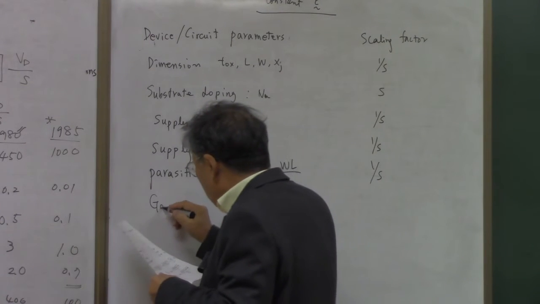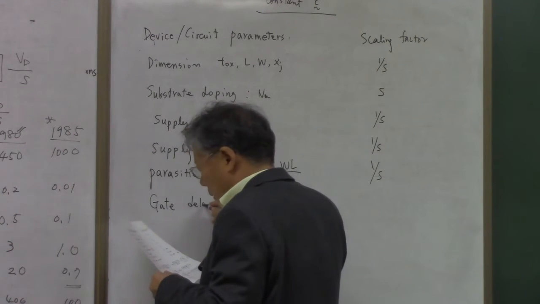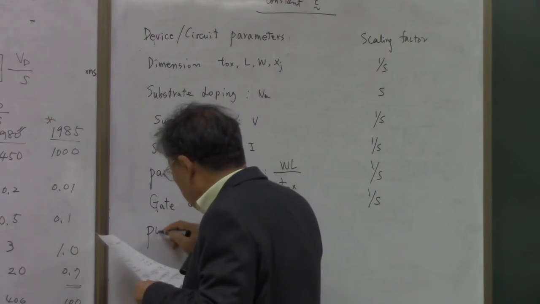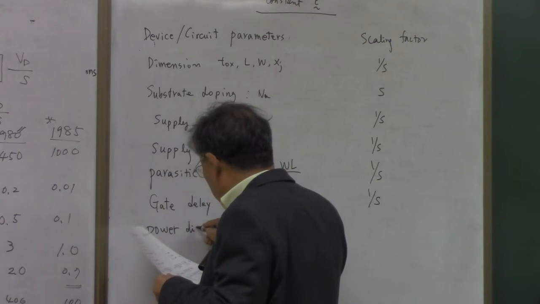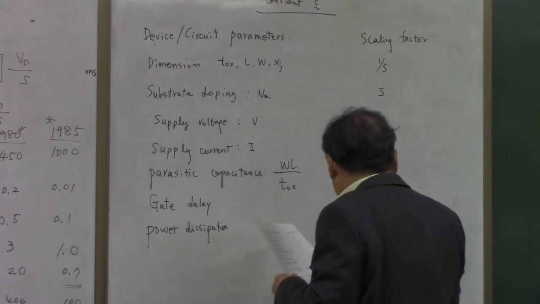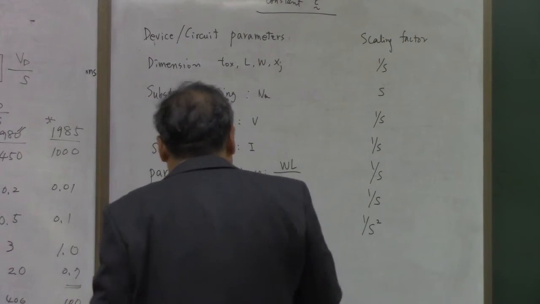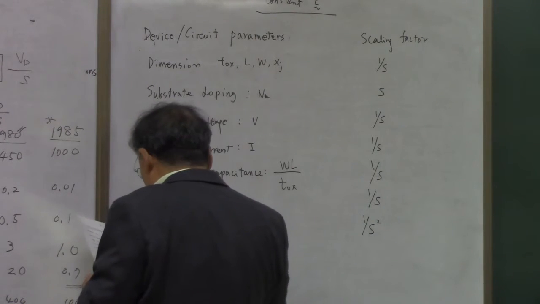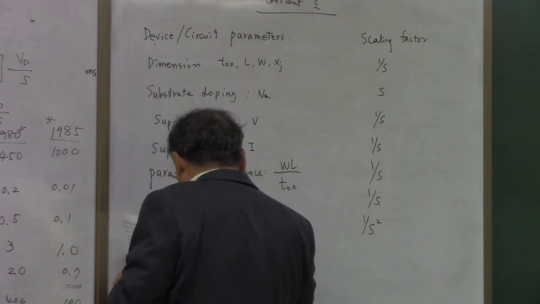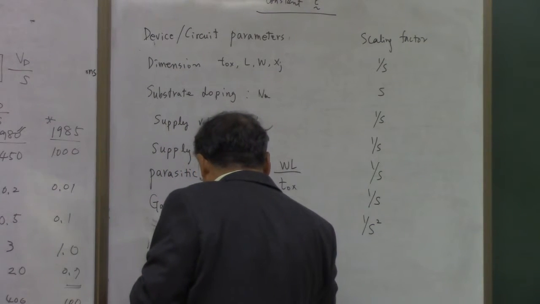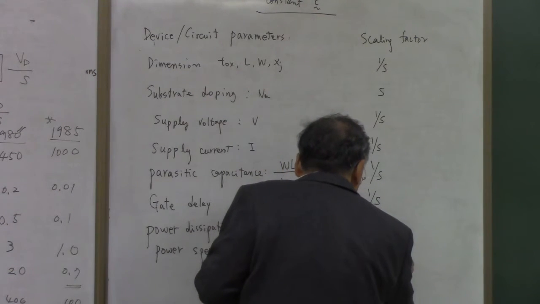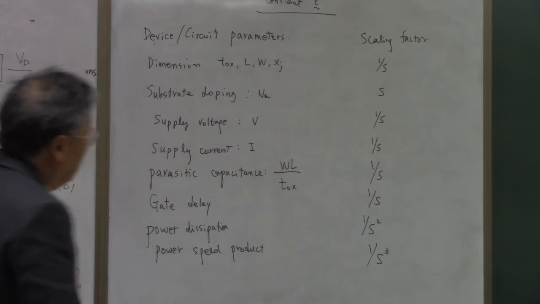And gate delay, 1 over S, and power dissipation, 1 over S squared. Okay, this is good, and the power-speed product is going to be 1 over S to the third.